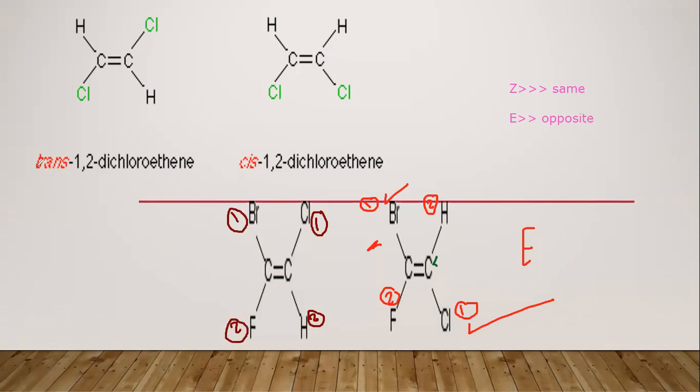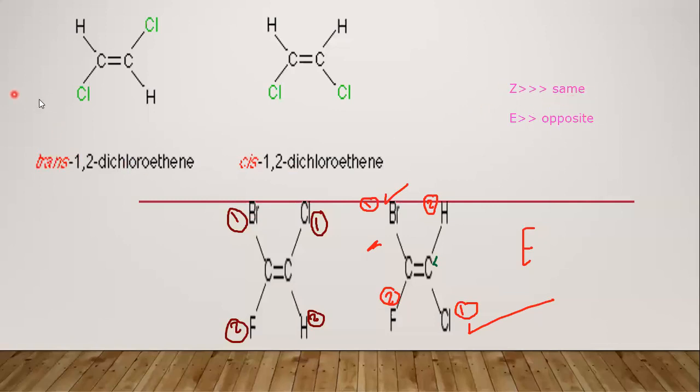What do you think now? In the first carbon, the higher priority is attached up, and in the second carbon, the higher priority is attached up as well. So in the same direction. The higher priority here is up, the higher priority here is up, so this is zusammen.